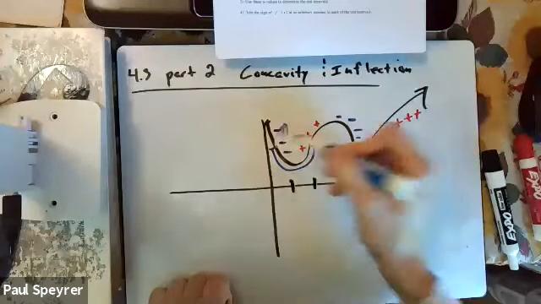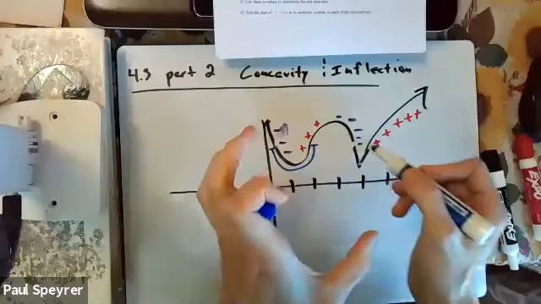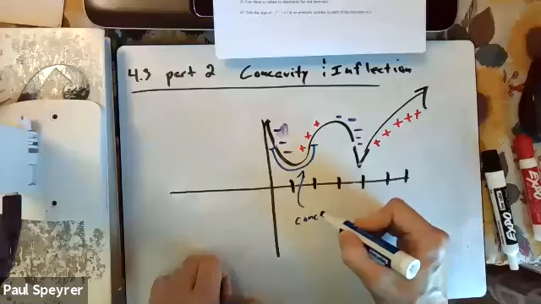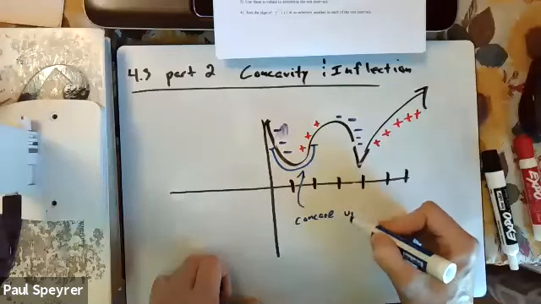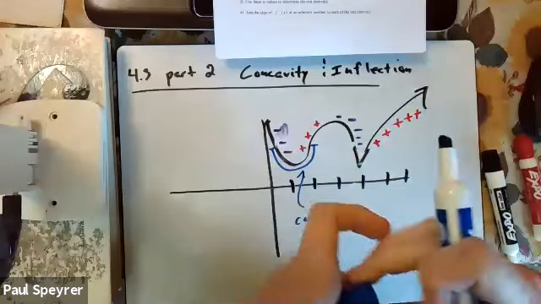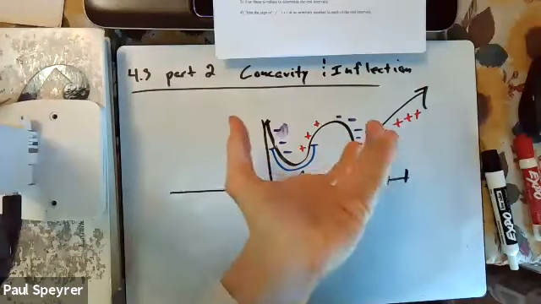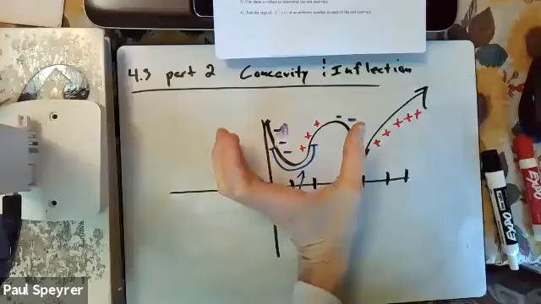This blue bowl that I have that's opening up, that's concavity right there. This is concave up. And I keep saying bowl because that's the easiest way to visualize it, okay? So this is something that holds water, right? Like you got a water bowl or a cereal bowl.